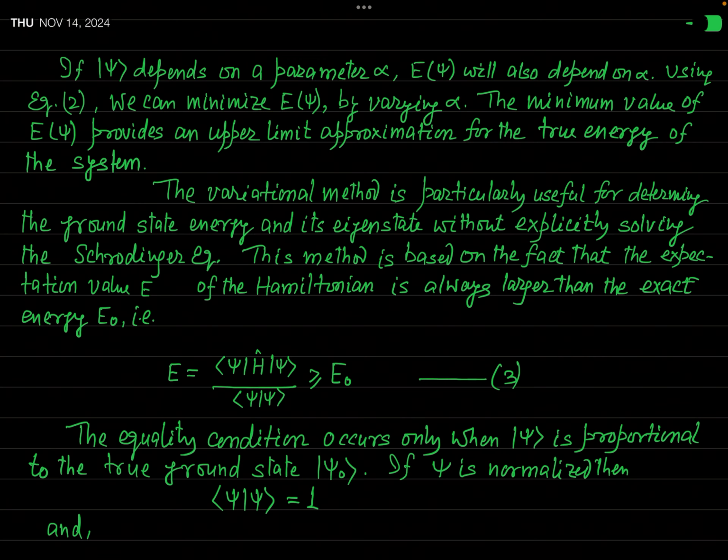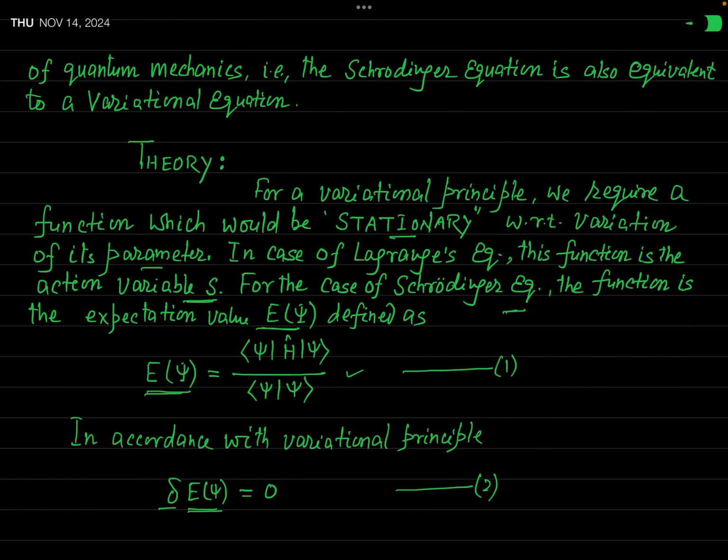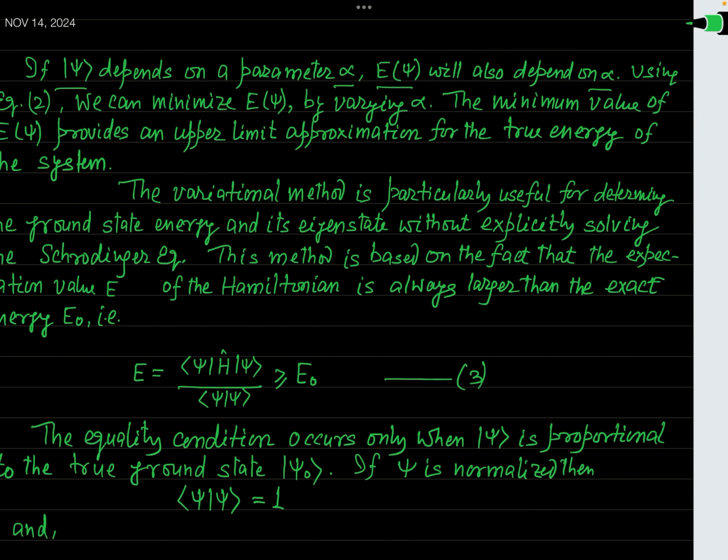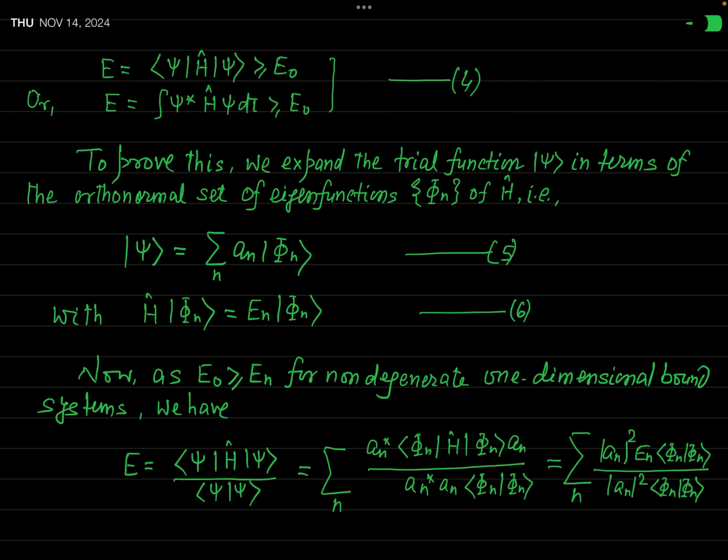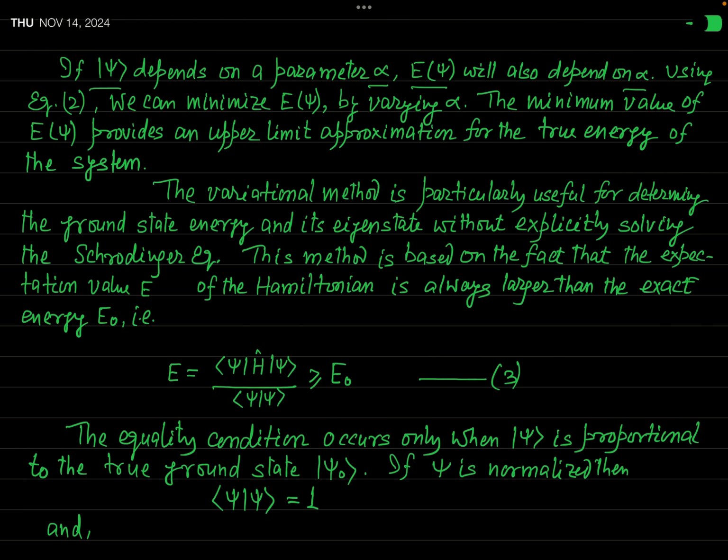Now, if you consider that this psi depends on a parameter alpha, then E of psi will also depend on alpha. And then using this equation 2, first of all, we will have to minimize the function E of psi. Okay. We will have to minimize E of psi by varying alpha.